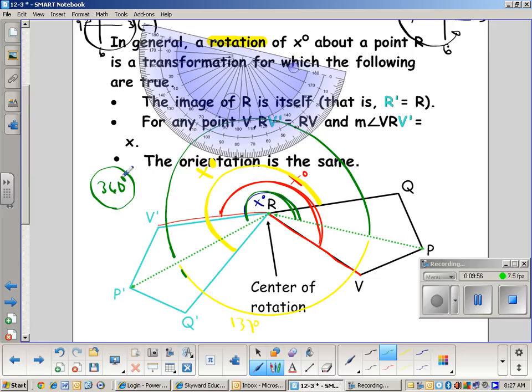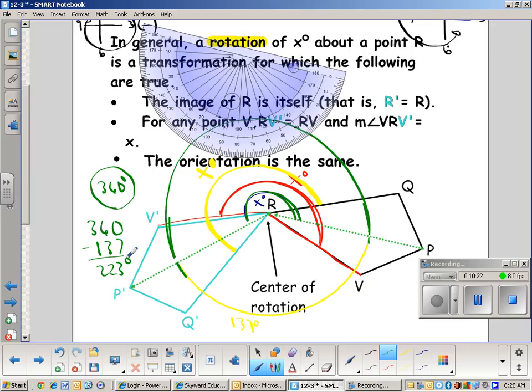And so if I have this yellow portion from here to here is 137, then what does that leave for the rest of this over here? Yep, 223. Okay, so you're saying 360 minus 137 is 223 degrees, right?